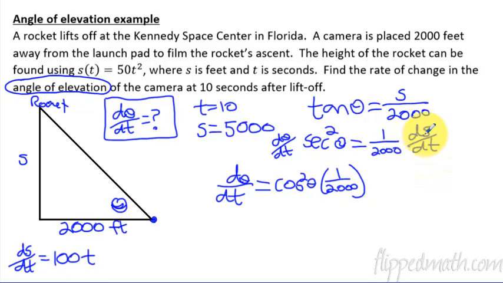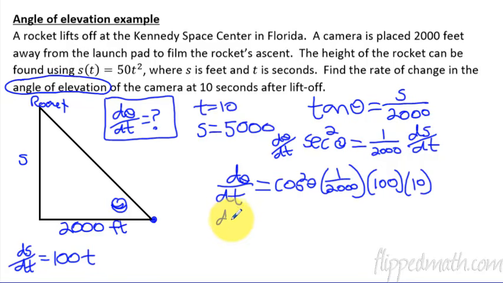And then this ds dt, what's that? It's 100t. But we already know that t equals 10, so it's 100 times 10.